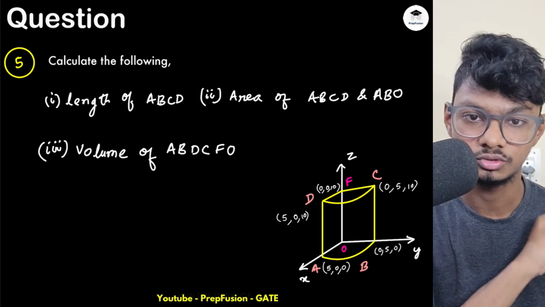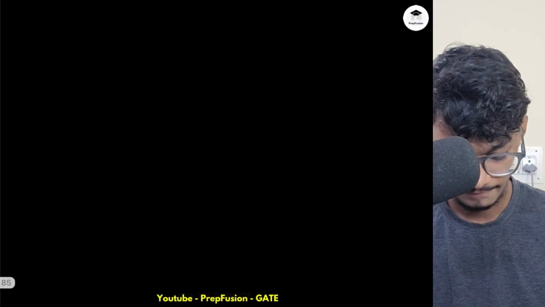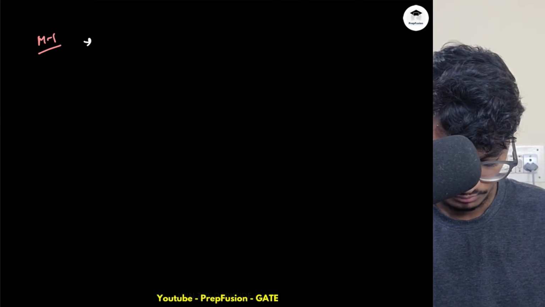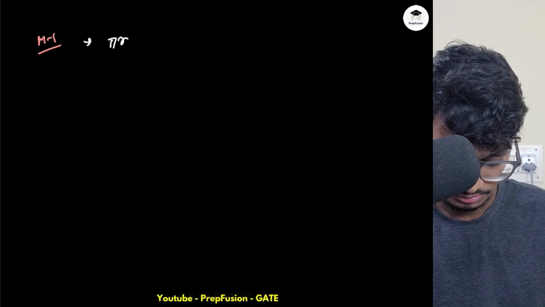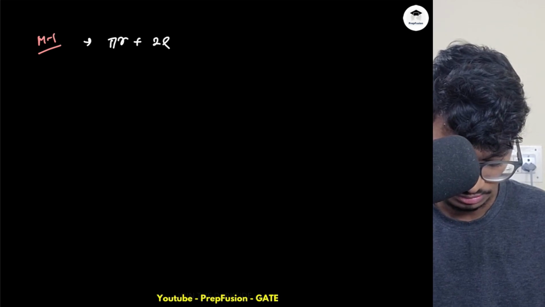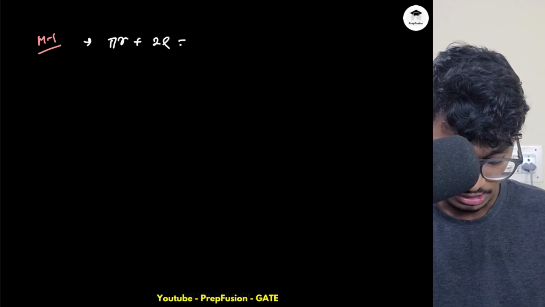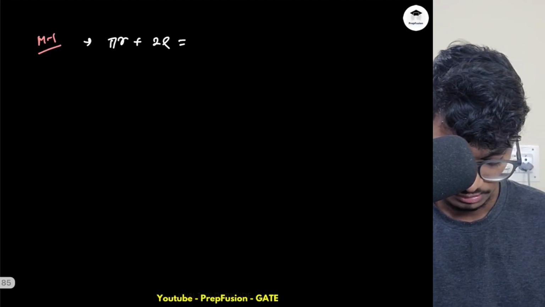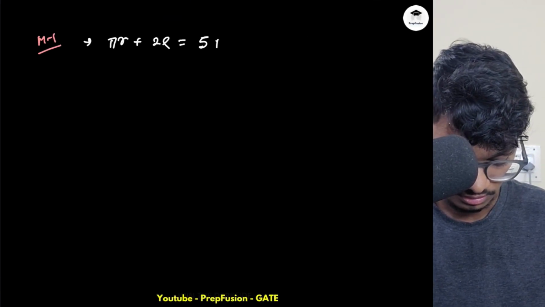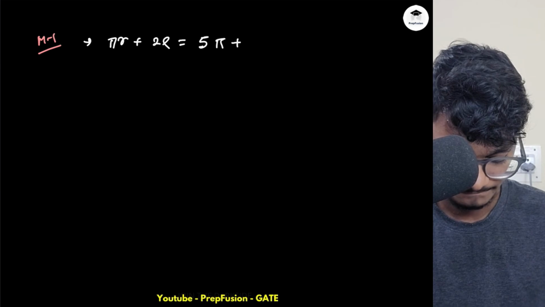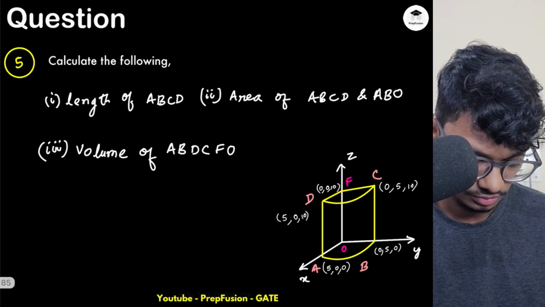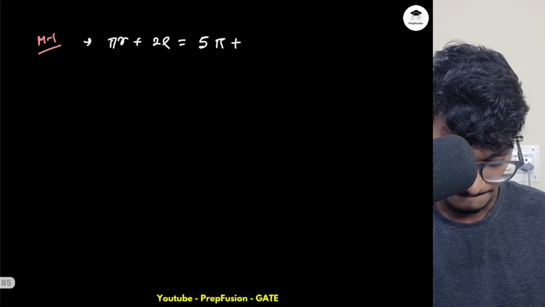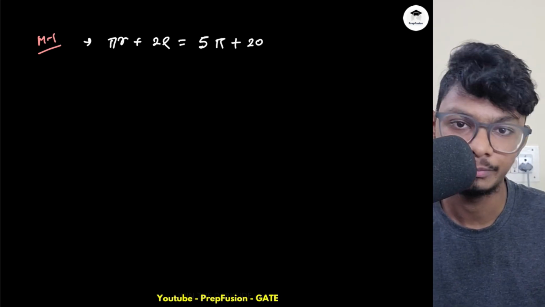So method 1 is pi r plus 2 times L. So what is r? R is the radius, and the radius is 5. So this is 5 pi plus 2 times L. L is 10, so this will be 20. So the answer will be 5 pi plus 20.